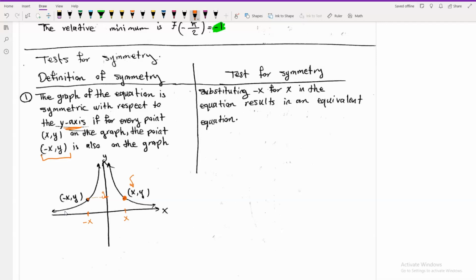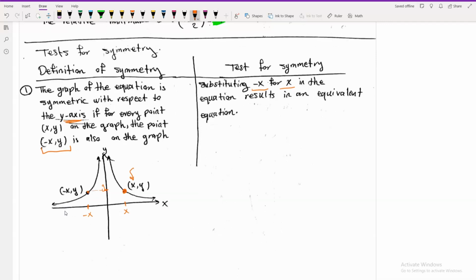So to test for symmetry, we substitute negative x for x in the equation, and if we get the same equation, or in other words an equivalent equation, that means our graph is symmetric with respect to the y-axis.